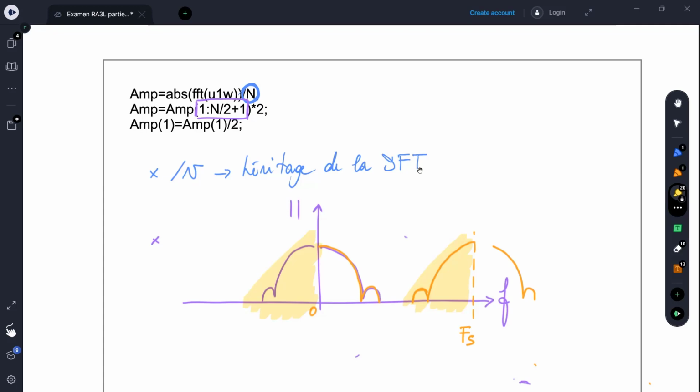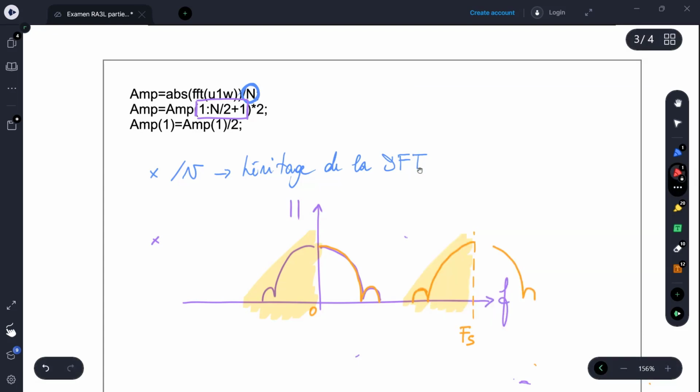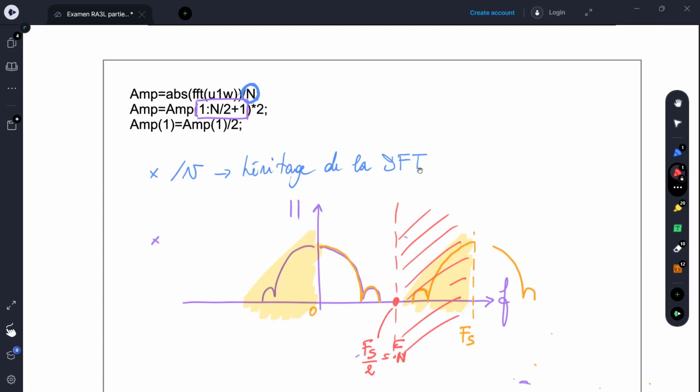Donc conclusion, la partie qui est ici au-dessus, on ne va tout simplement pas la garder et pas la représenter. Ce qu'on a là comme valeur, ici, c'est Fs demi, donc ça correspond à notre fréquence de Nyquist. Donc on ne va pas garder ce qui est au-dessus de cette valeur-là dans ce que la FFT vient nous retourner.